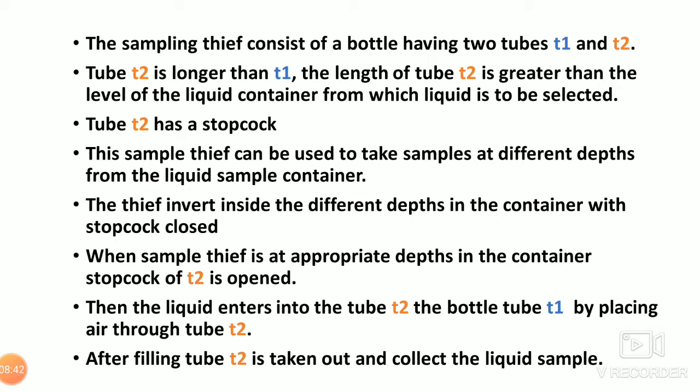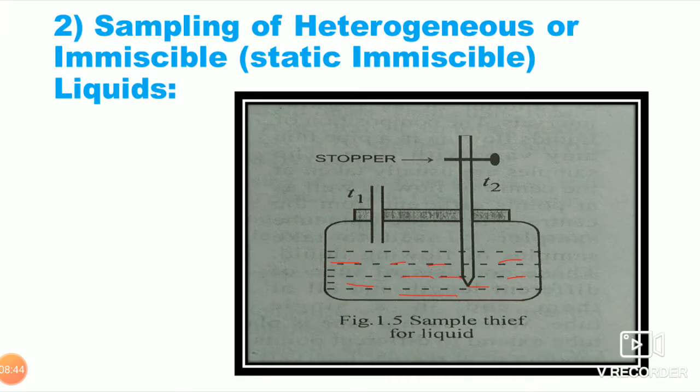Now we will see the second, sampling of heterogeneous, or immiscible, static liquids. The same figure can be used for sampling the heterogeneous liquid. Again the same figure, same sample container.